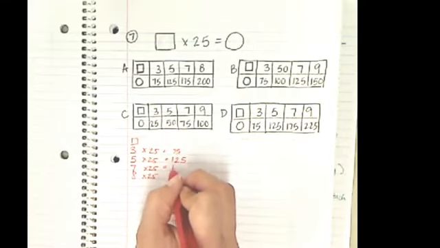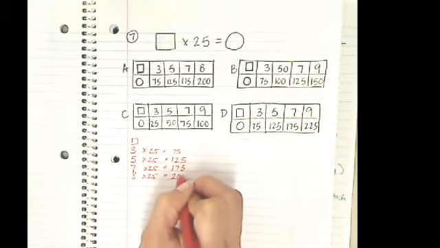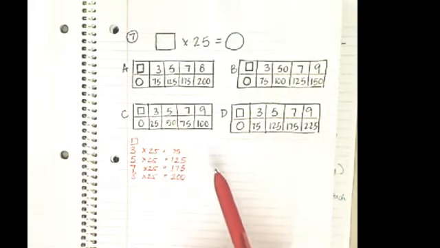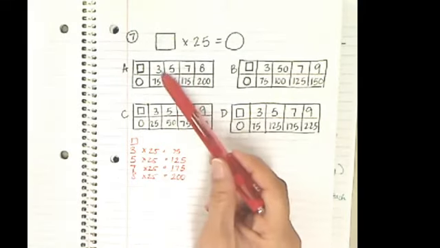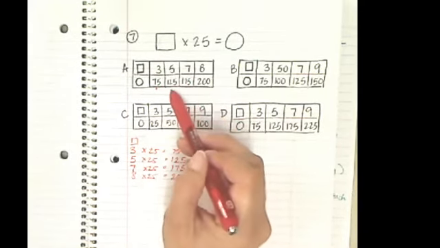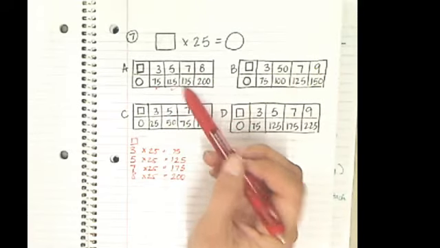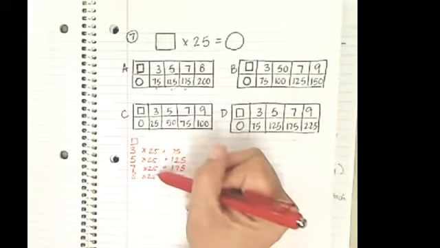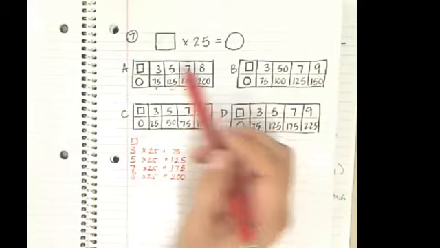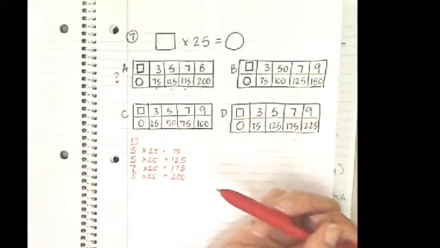It's 175. And then 8 times 25 is 200. So I'm going to go through and check to make sure that all of this is correct. 3 times 25 is 75. That works. 5 times 25 is 125. That works. 7 times 25 is 175. That one works. 8 times 25, that's 200. That one works. And because everything works, I'm going to tentatively say that A is the answer choice.